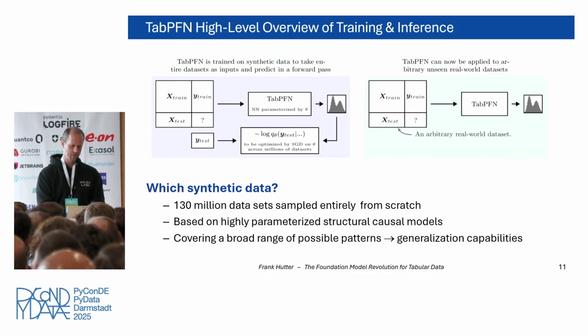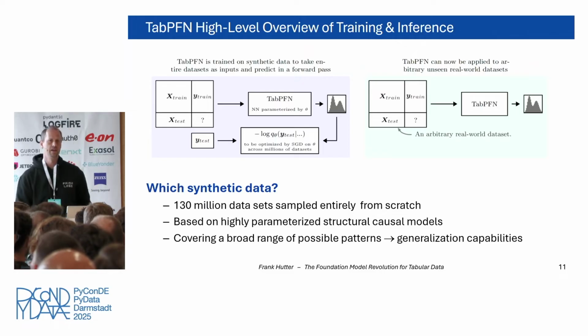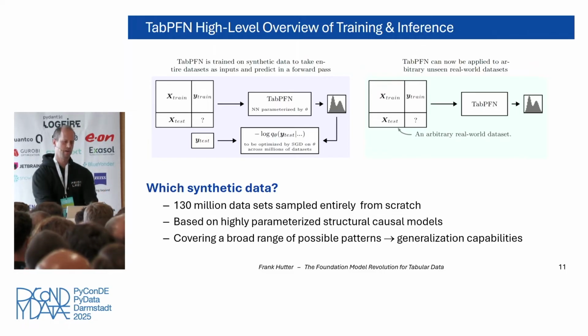And the neural network outputs a probability distribution for each Y test data point. And then you take this Y test that you took out and look at how likely it is under this prediction of the network. You compute the cross entropy and optimize this neural network in order to output probability distributions that better reflect your Y test. So that was one backprop for this entire data set.